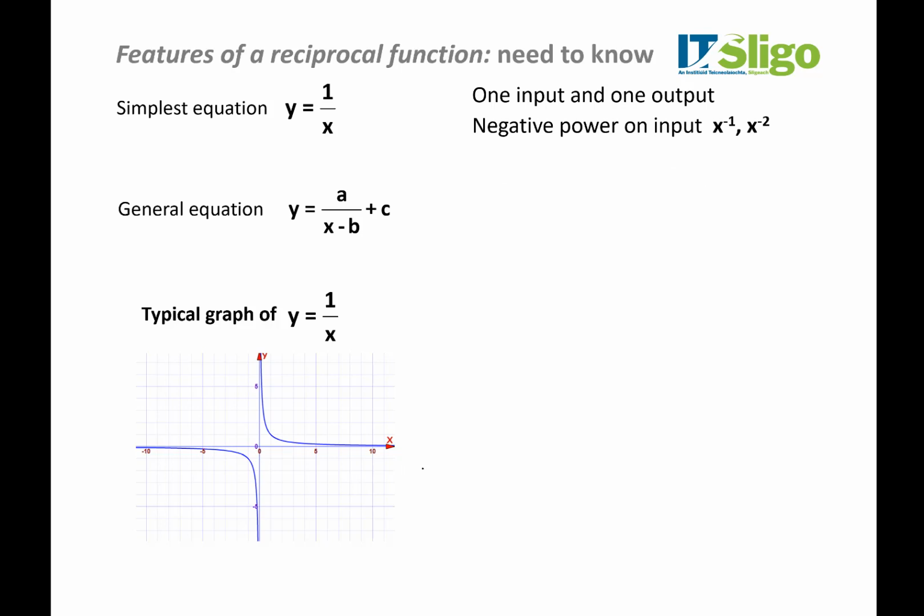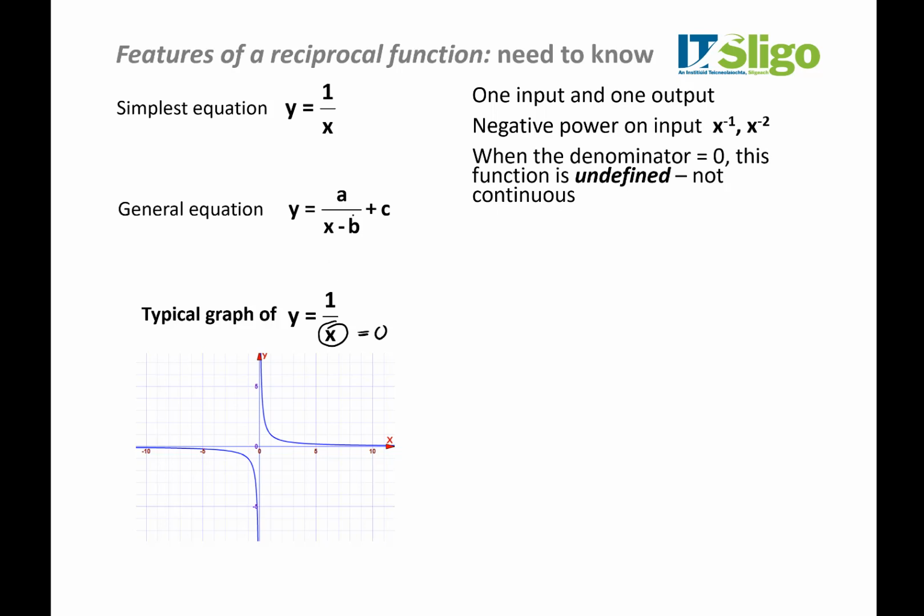Negative power on the input, and then we just have to watch out when the denominator becomes 0. When the bottom bit there is equal to 0, that's where we get this effect here, the kind of black hole.